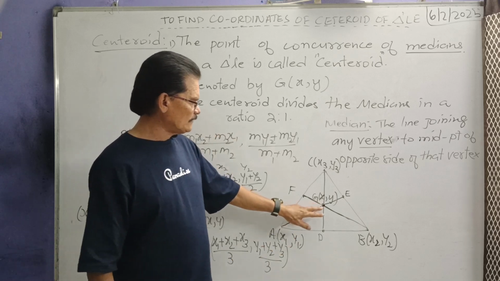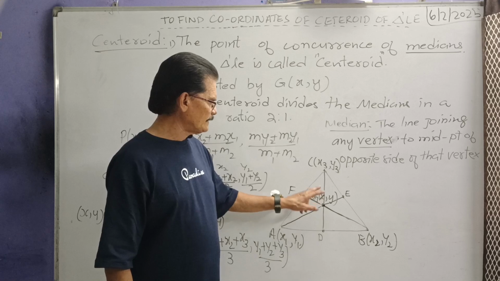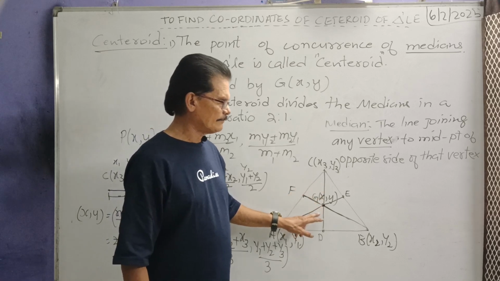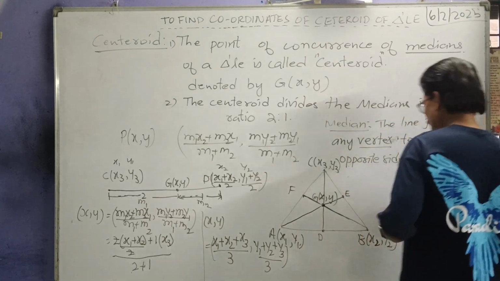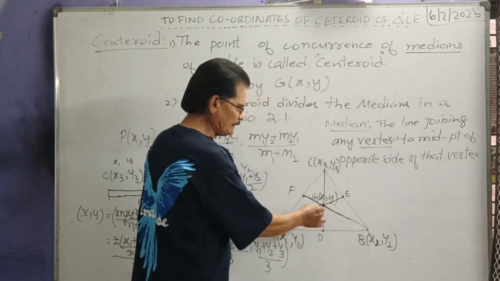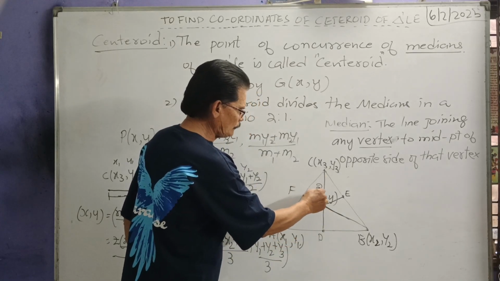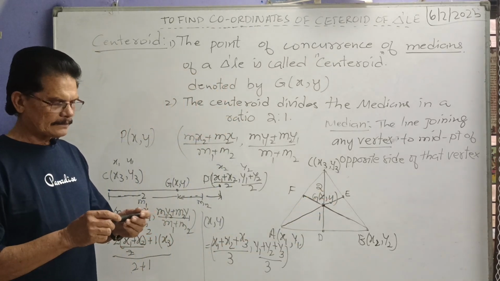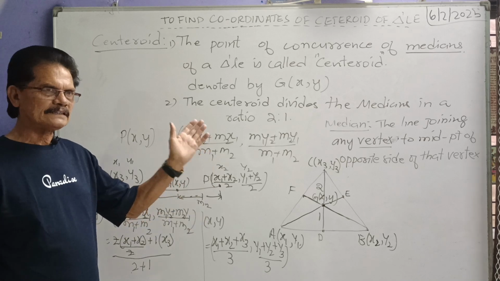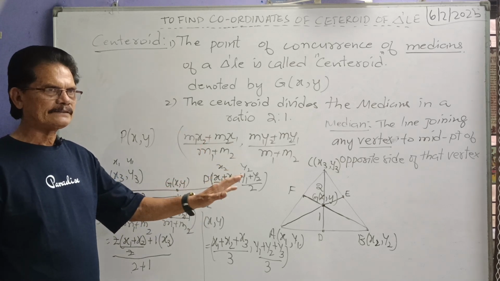Why? Because the centroid will divide the median in the ratio 2:1. Therefore, it is clearly understood that the centroid is also a ratio point.